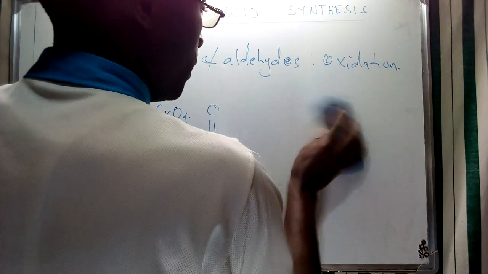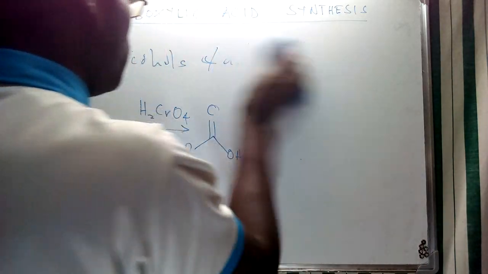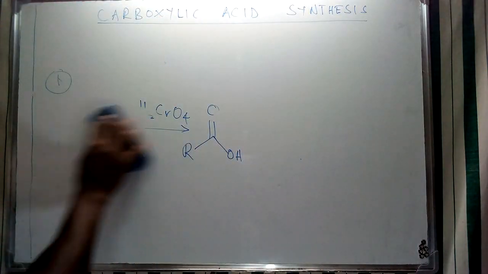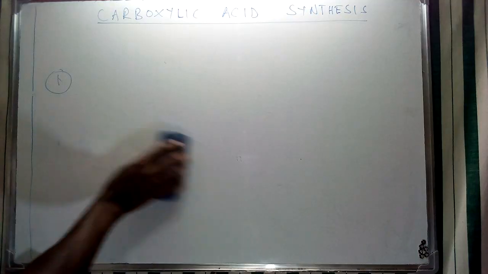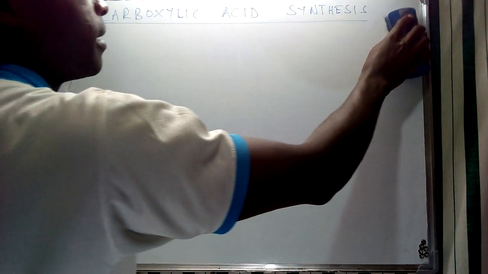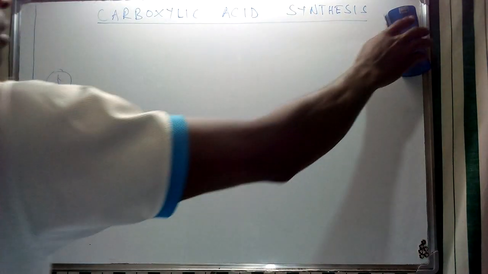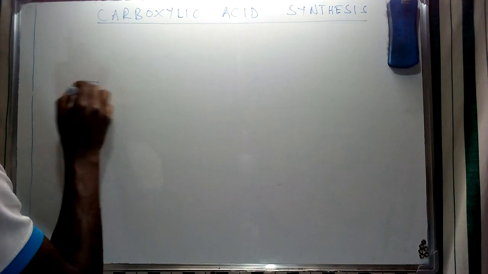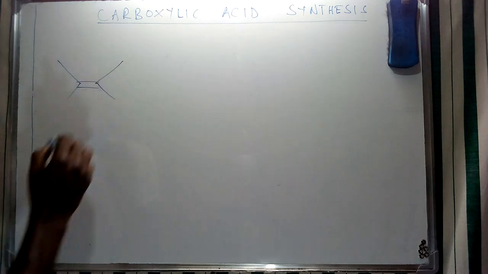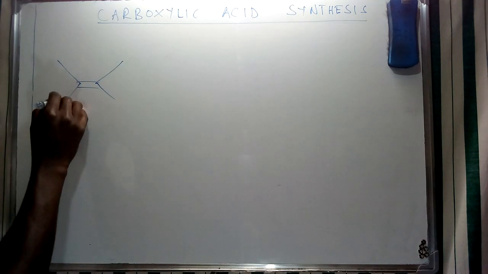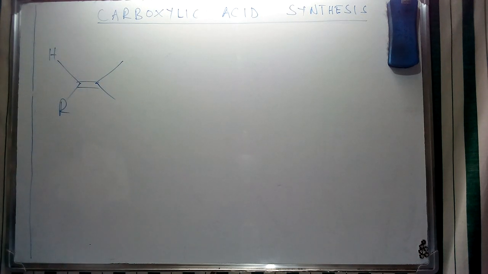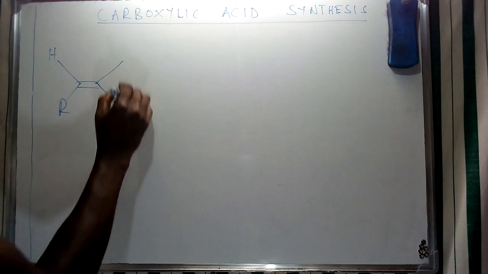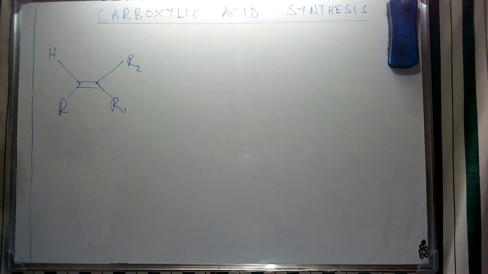So next we're going to look at the oxidative cleavage of unsaturated compounds, which basically are alkenes and alkynes. And in this specific case, we're going to use alkenes to illustrate that example. So suppose we have this specific double bond compound, with R1 and R2 to differentiate.